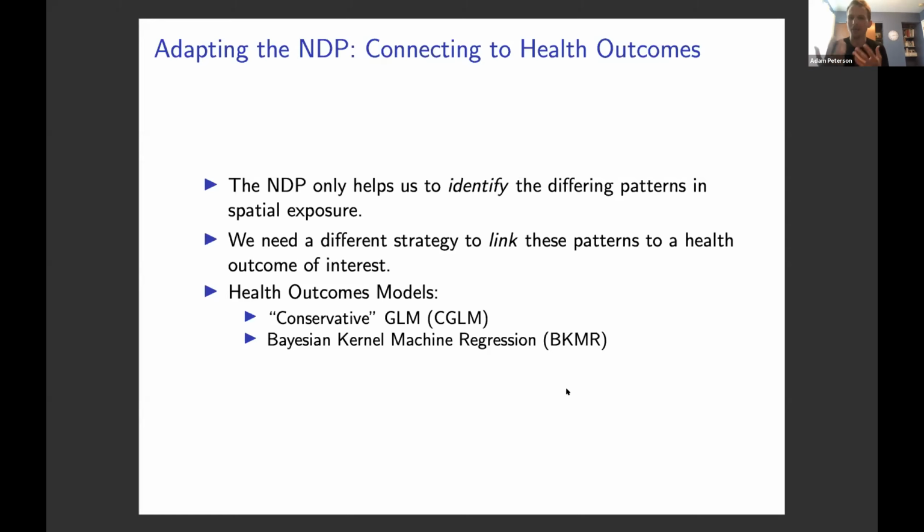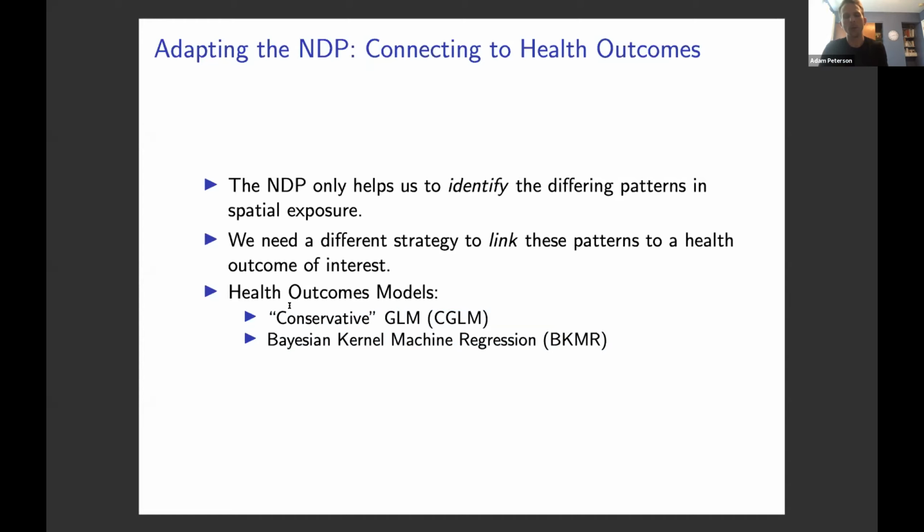So we have to find a way to accommodate that uncertainty in cluster assignment into a health outcome model. And like I said, I can't really devote the amount of time that these methods warrant for a full discussion, but I'm going to give some brief description of these on the next slide. And again, if you have more questions, I can refer you to an appropriate reference.